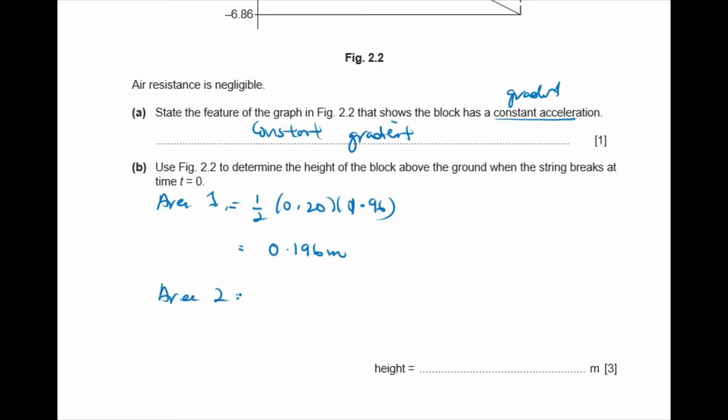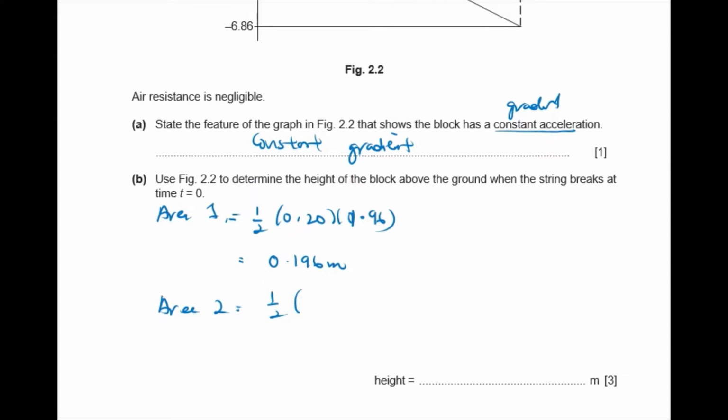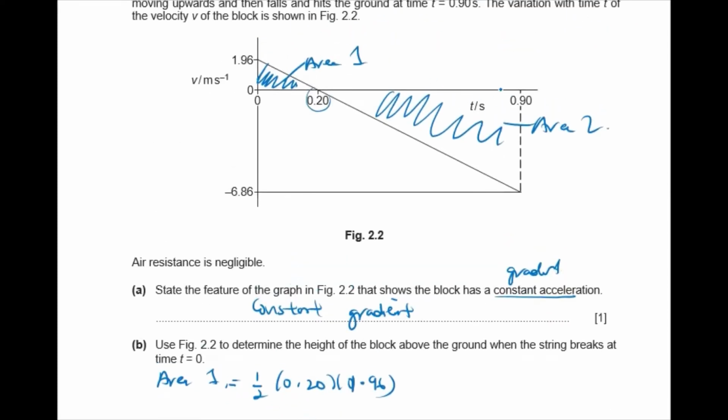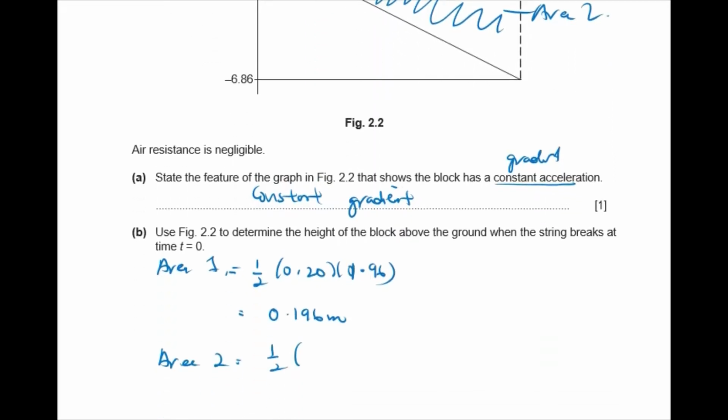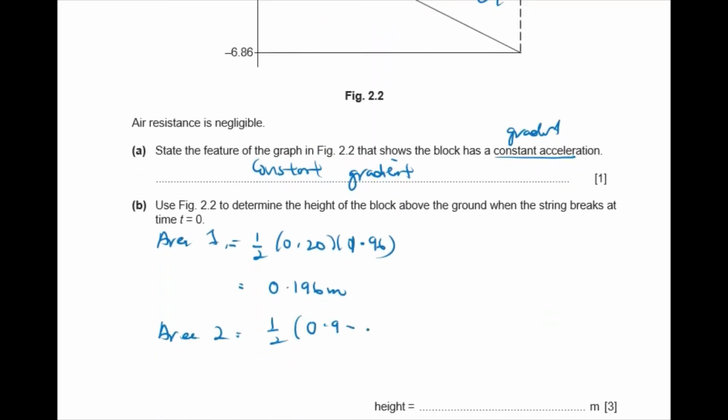Area 2 is half, so from 0.9 to 0.2, 0.9 minus 0.2 times 6.86. So the answer is 2.4. To determine the height, the difference in the areas: 2.4 minus 0.196. So the answer is 2.2 meter.